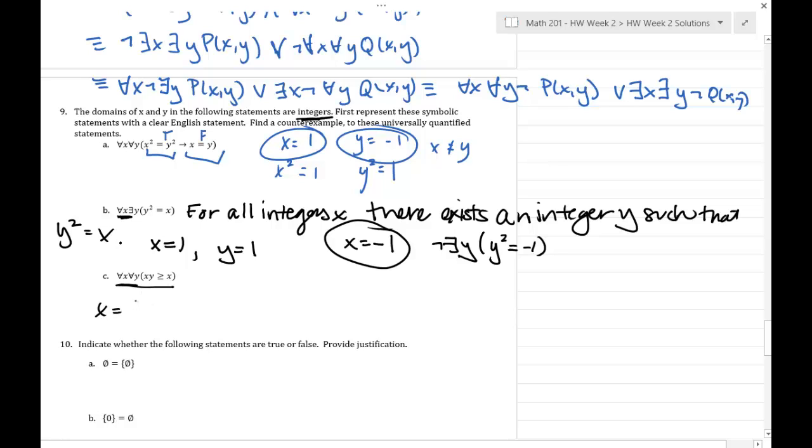Let's try x equal 1, y equal 2. Well, x times y is 1 times 2, that's 2, and x is equal to 1, so it's definitely true: xy is greater than or equal to x.